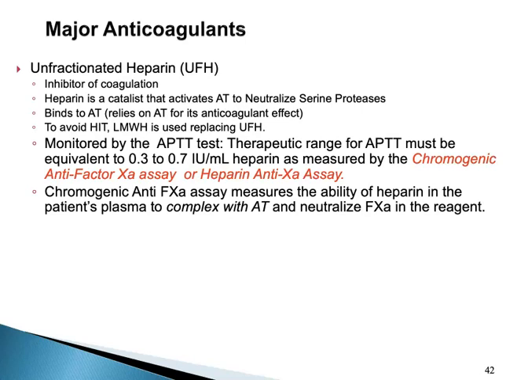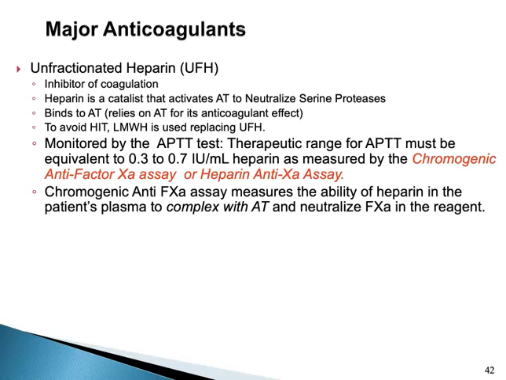Heparin is monitored by the APTT test. That's a common way of monitoring heparin. And we want to achieve a therapeutic range for APTT, and that must be equivalent to 0.3 to 0.7 international units per ml of heparin as measured by the chromogenic anti-factor 10A assay, also known as the heparin assay or the heparin anti-10A assay, okay?